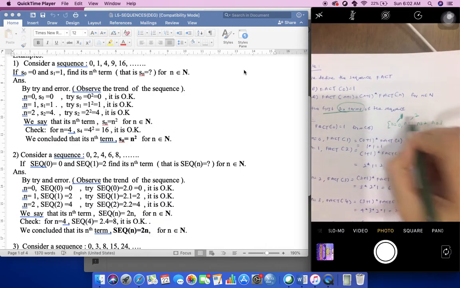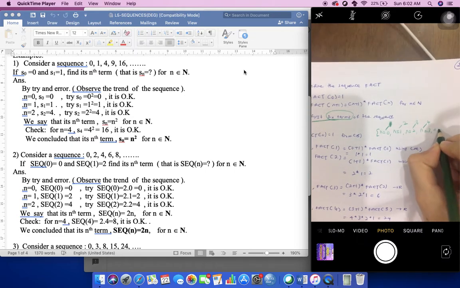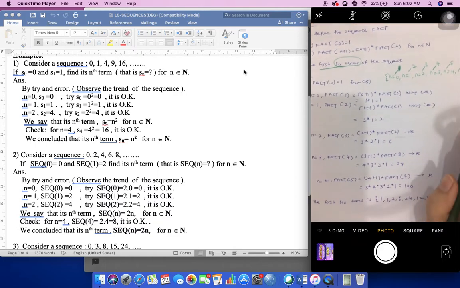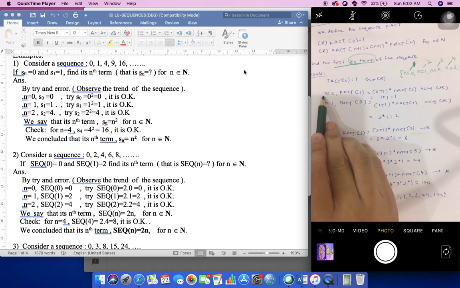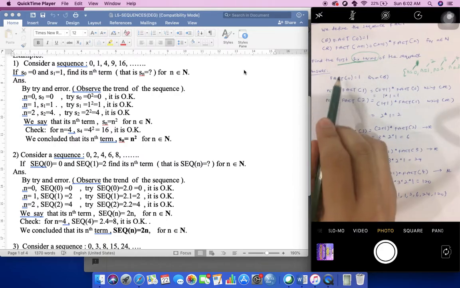So the first term, second, third, fourth, fifth, and sixth. That's why here we use n equal to 0, n equal to 1, n equal to 2, n equal to 3, n equal to 4.